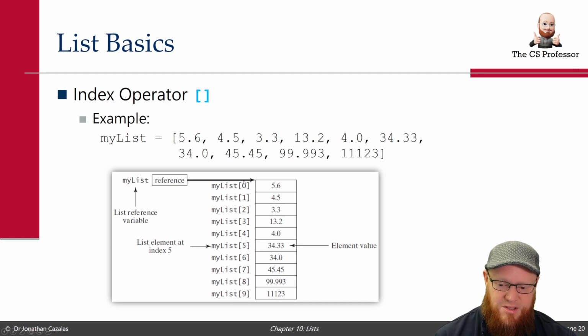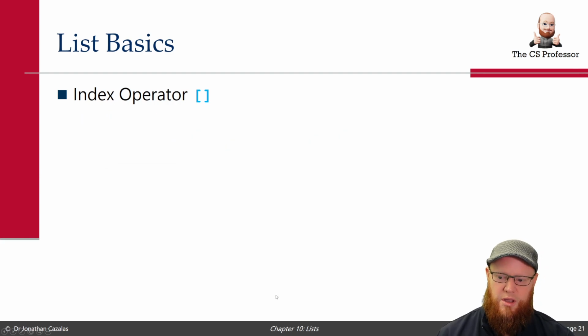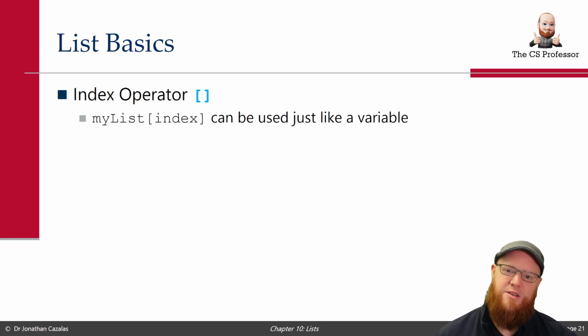Here, my list at index 0 is the 5.6. My list at index 7 is this 45.45. And finally, there are 10 values in this list, and the 10th value is stored at index 9, this value 11123. Pretty straightforward, because once again, it's like a string.